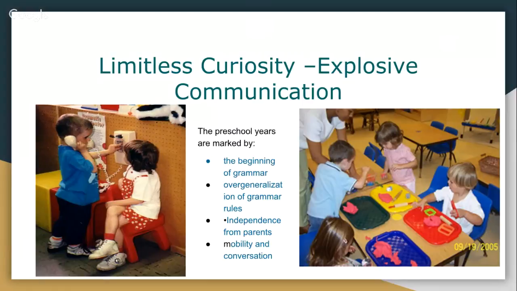They are mobile. They are busy learning to jump and run and spin and ride bikes and climb, and they are conversationalists, not just with their parents, but with the other children that they interact with in their environment.